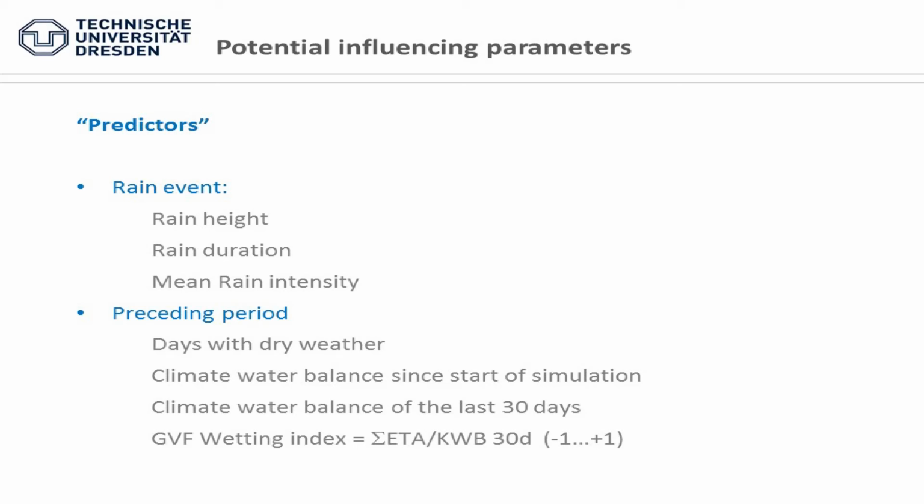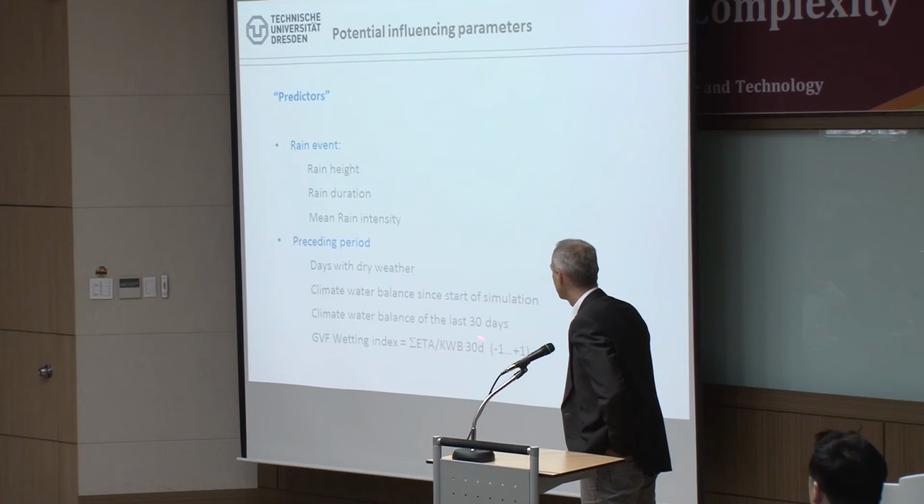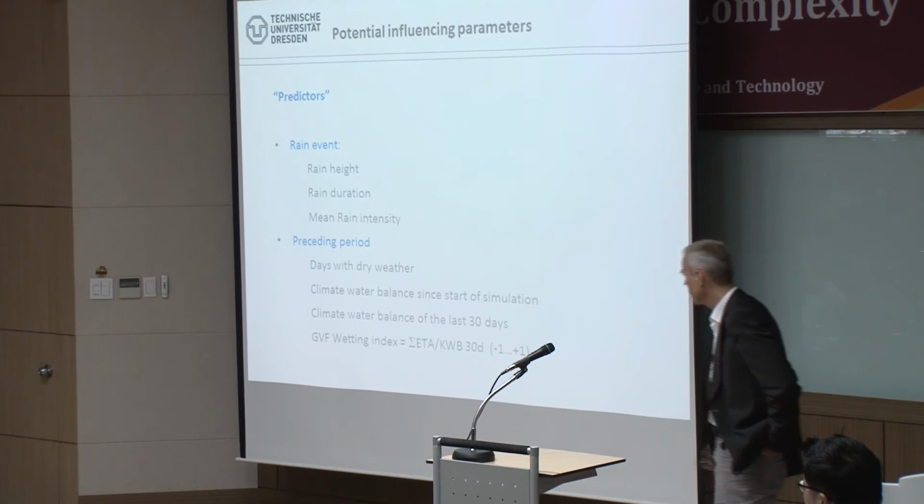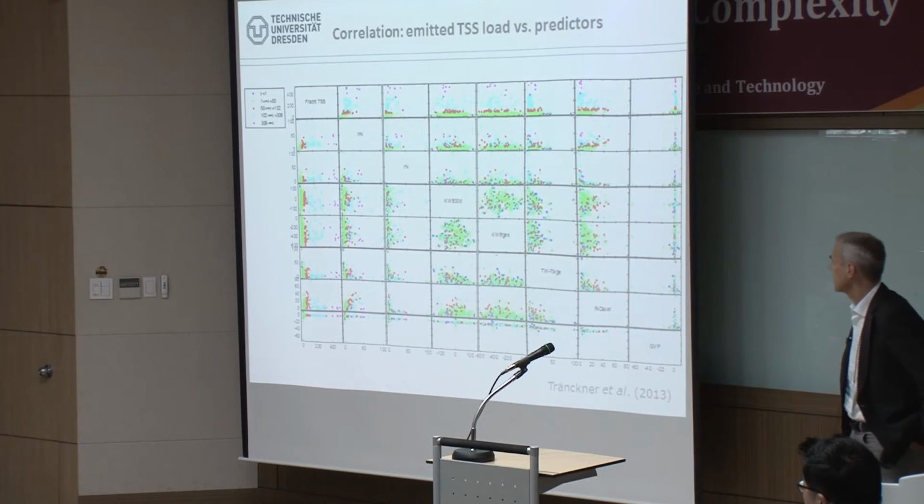We looked at the climatic water balance since the start of the simulation. We looked at the climatic water balance of the last month. We were looking at the wetting index, also using the climatic water balance of the last 30 days.